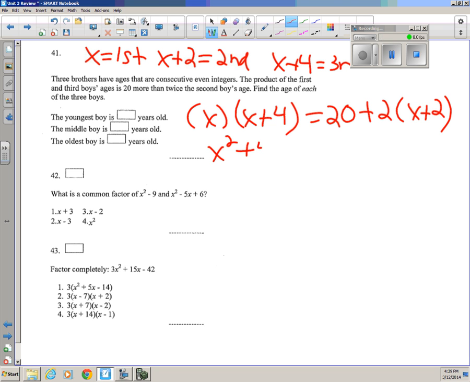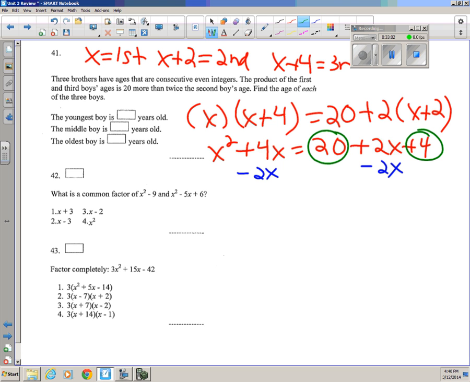Distribute: x squared plus 4x equals 20. Distribute: 2x plus 4. Essentially, I'm going to do all this stuff at once. Make sure you can follow. It's a quadratic. It has to be equal to 0. This is going to come over to this side, right? This combo of 24 is going to come over to this side.